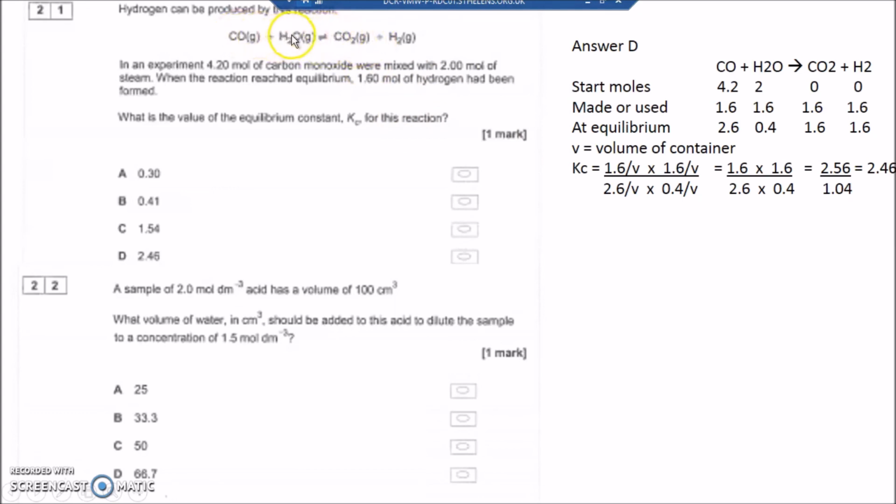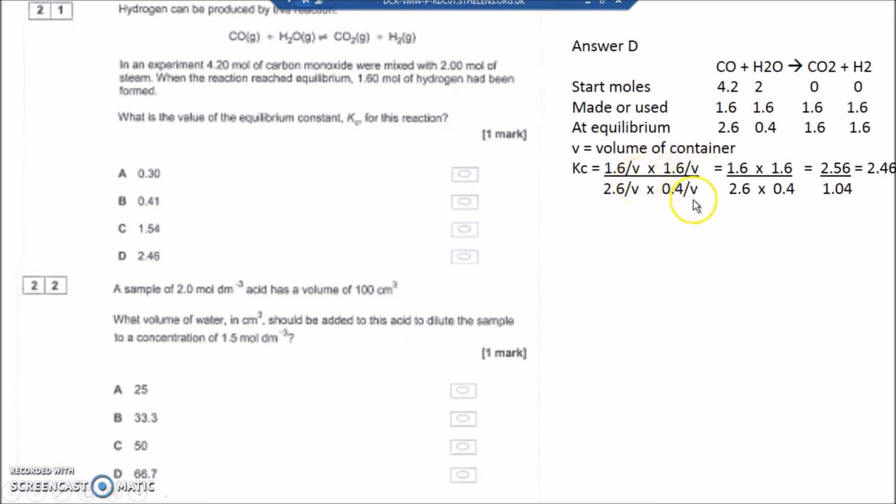We've got equal numbers of moles, 2 moles on the left-hand side and 2 moles on the right-hand side. And when you've got equal numbers of moles on each side, the volume of the container really doesn't matter when we're working out Kc. Because if I divide each of them by the volume to get the concentration, all of the volumes cancel out.